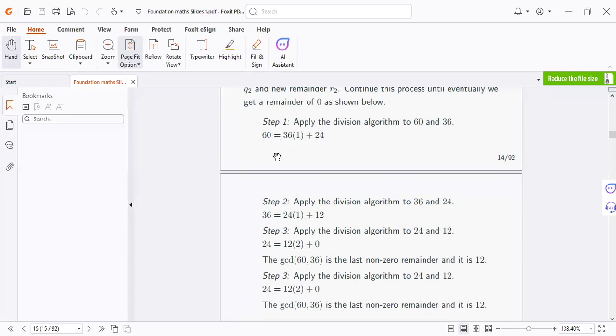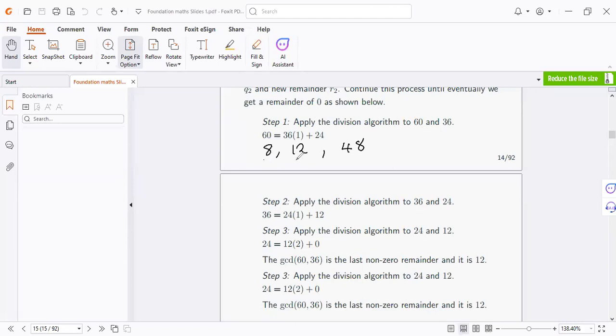If there are more than 3 numbers, what happens? You first of all have to arrange them into pairs of 2. You do the first 2 and get the GCD. Let me show you an easier way. Supposing I have 8, 12, and 48, and I want the GCD.